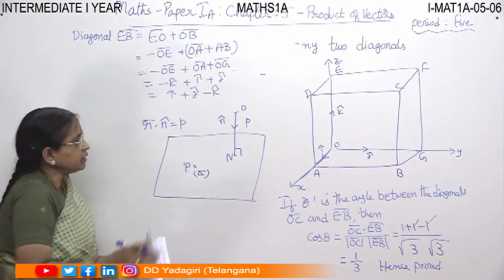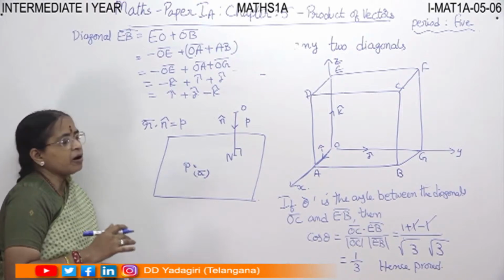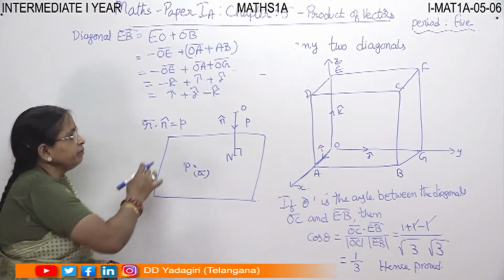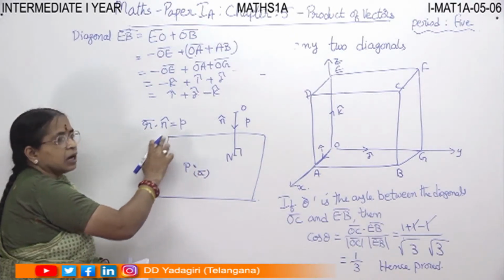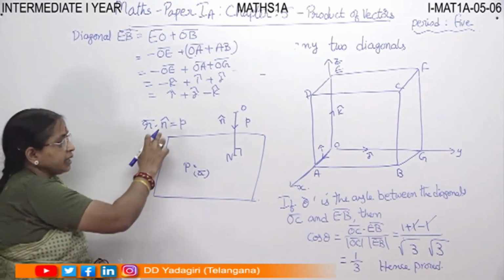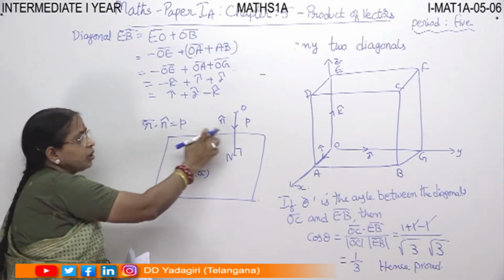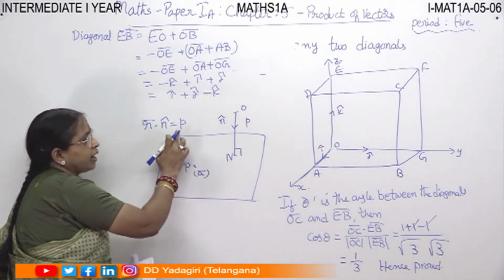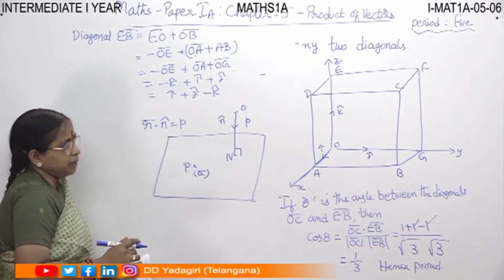This form of equation of the plane is called the normal form of the equation of the plane. So the equation of the plane in the normal form is r dot n cap is equal to p, where n cap is the unit vector from the origin to the plane, and p is the length of the perpendicular from the origin to the plane.